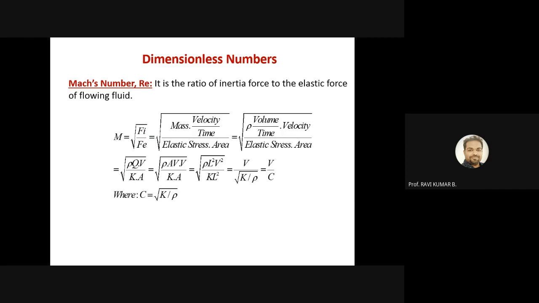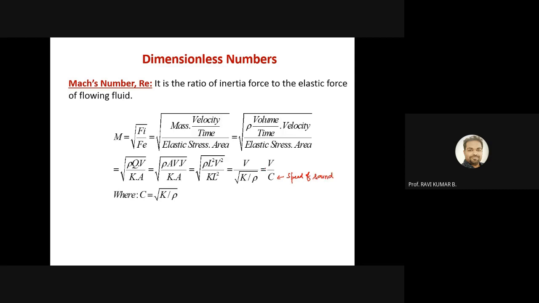So this is K, the bulk modulus of elasticity, into the area is called the elastic force. And over that, rho A v square, so area cancels out. Further modification, you get v under root K by rho, and this under root K by rho is known as speed of sound.